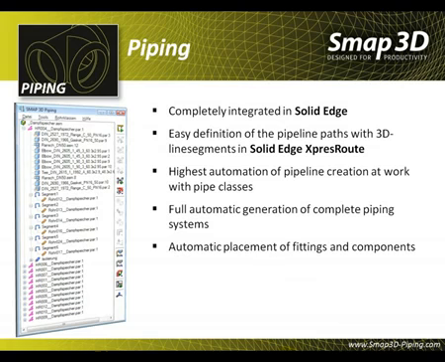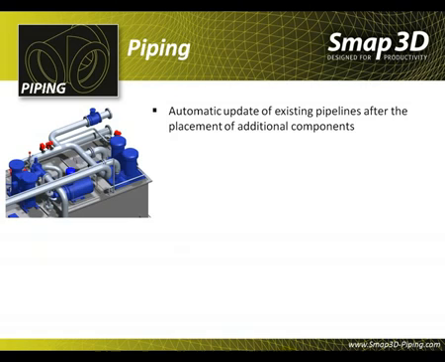The software automatically places fittings and components in the required situations on the 3D path. If a user has added some additional components to a pipeline, then Smap 3D Piping automatically updates the existing pipeline.